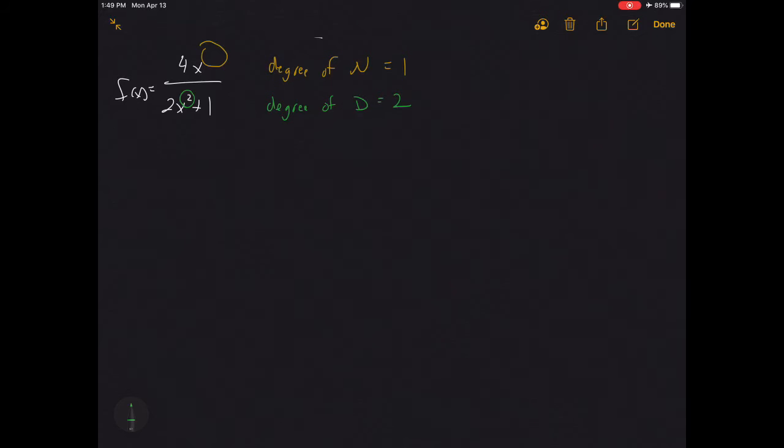Which means that the denominator has a higher degree than the numerator does. In this case, that means that as x values start to get really, really large, the denominator is going to have much, much, much bigger values than the numerator. Now this is where conceptually it's a little bit more challenging, because we have to think not in terms of plugging in 1 and 10 and 100.